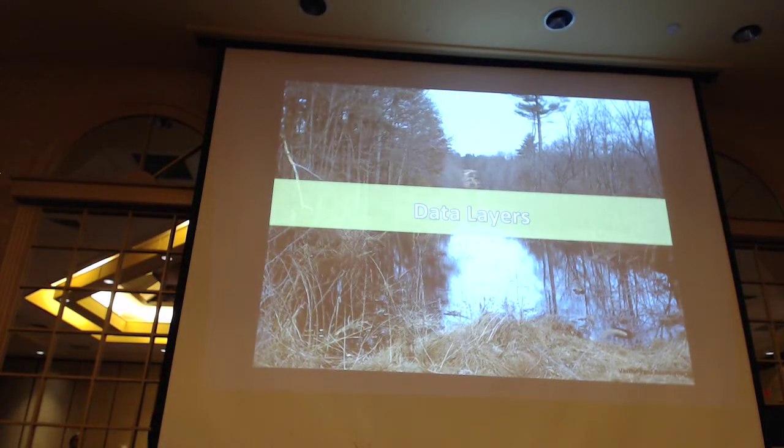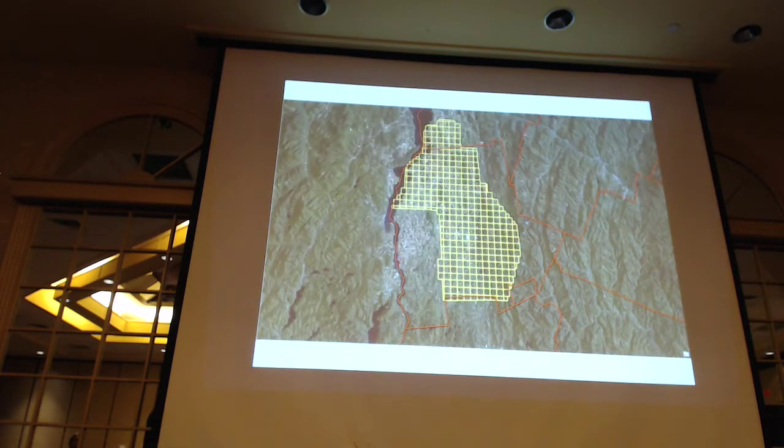So I'll very quickly describe some of the data layers that we can bring in to eCognition for this type of object-based image analysis. Our first study site is Addison County in the western part of Vermont. In yellow here are the LiDAR tiles that are available right now for the county.